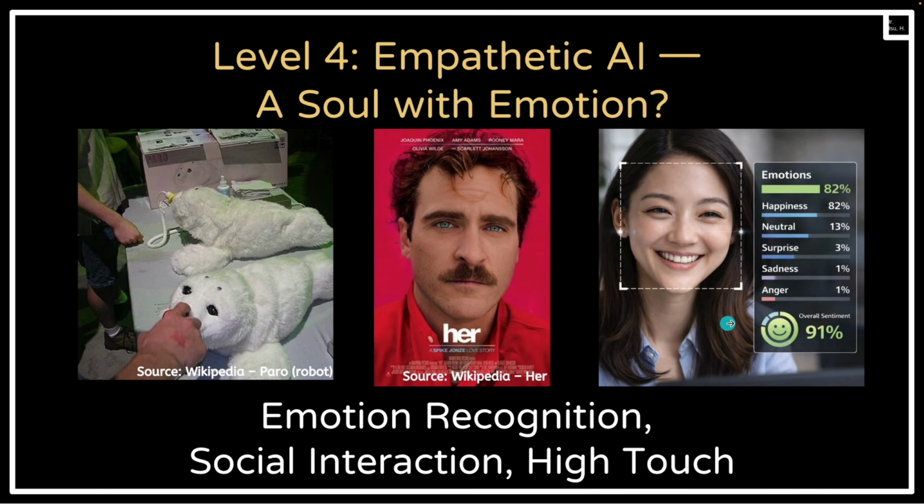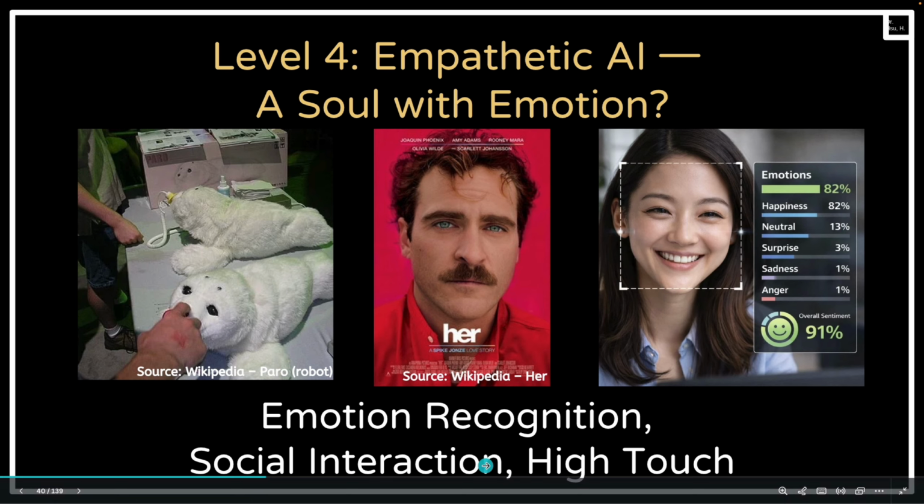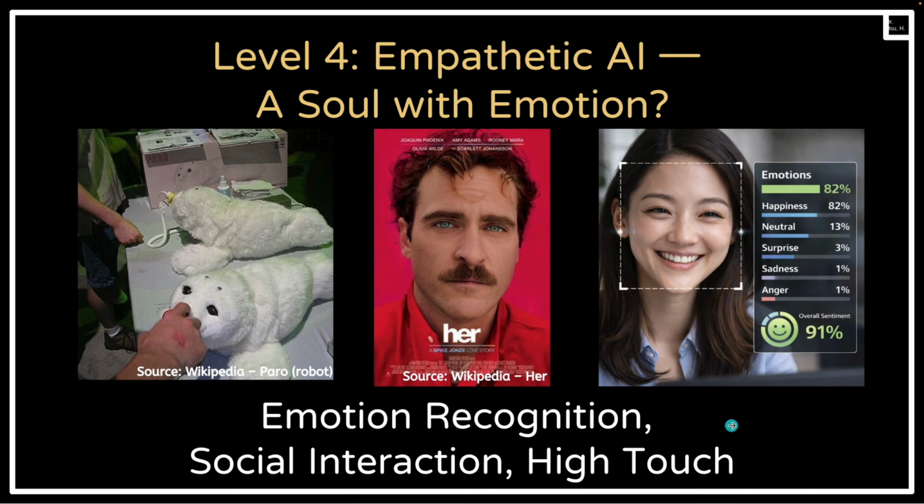On the right, we see emotion detection software analyzing facial expressions. Together, these images help us understand that this level is not just about information processing. It is about emotion recognition, social interaction, and high-touch service.